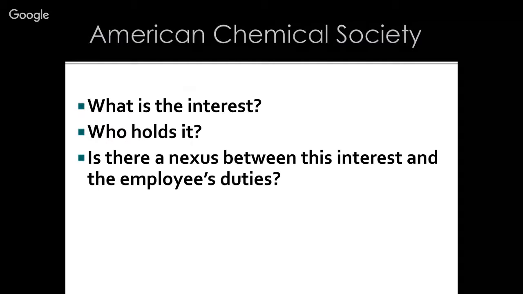So in this instance, if we look at Part 3, you'll see that the filer has included the American Chemical Society on Part 3. And they indicate that they are an instructor for the American Chemical Society.